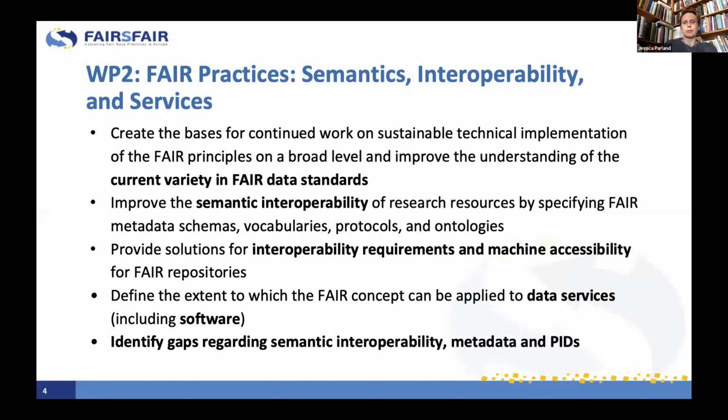They are working with repositories for CoreTrustSeal certification. The idea is, of course, that you can't have a FAIR data object without a data repository. There is a really crucial and important interdependence there. So here are some of their outputs: first recommendations for requirements for FAIR datasets in certified repositories.